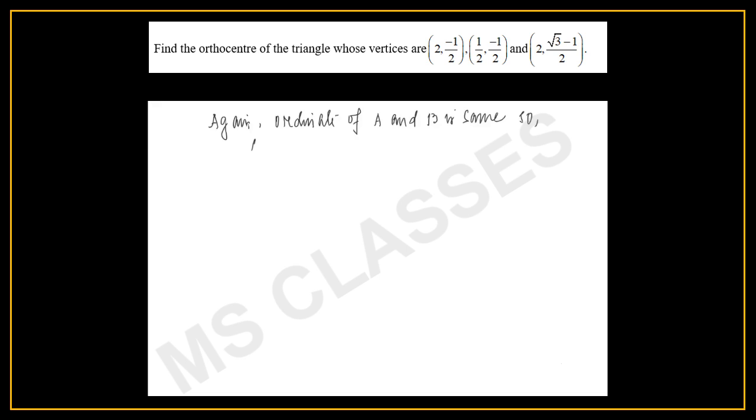So AB should be parallel to the x-axis. And therefore angle BAC equals pi by 2. Hence vertex A is the orthocenter of the triangle ABC.